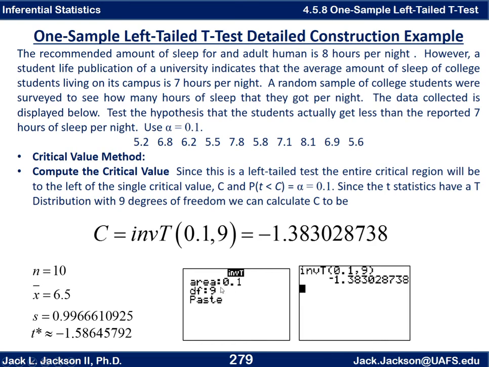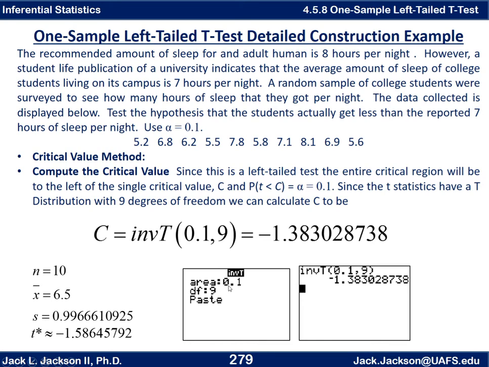Here it is on the calculator. In the newer calculators, the TI-84s, you go second vars for distribution, and then you choose inverse t, maybe the fourth one down or a little bit lower. The newer calculators will ask you for area and degrees of freedom.